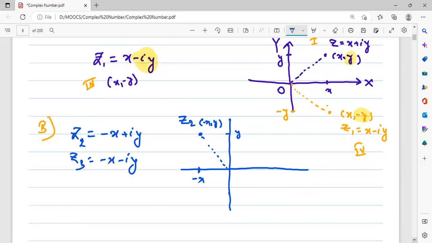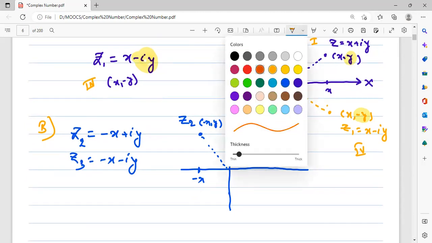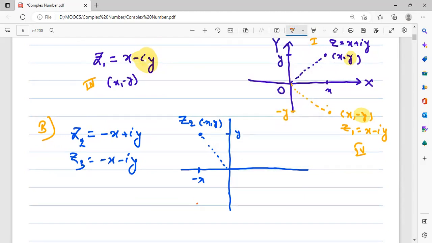I will plot z3, whose first coordinate is minus x and whose y coordinate is minus y.